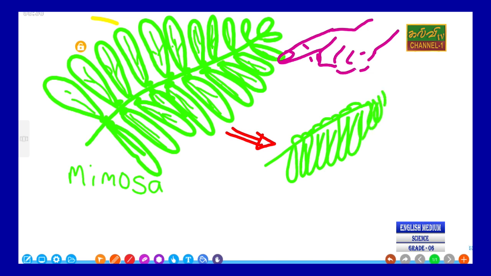You can't see this in the fresh condition, but suddenly the leaves fall down. After a certain time, after a few minutes, they come back up again like this. So this movement is found in the mimosa plant when you touch it.